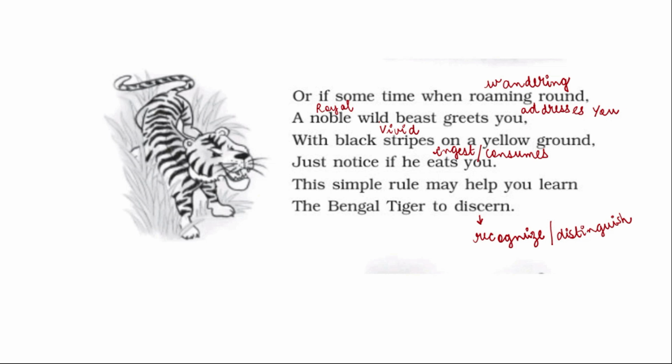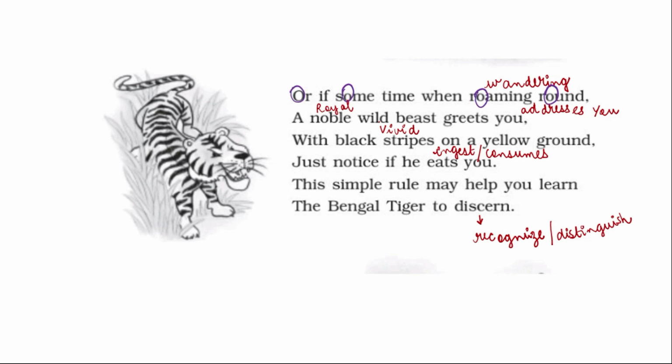So this stanza says that when we are roaming around, if a royal beast addresses us, which has black vivid stripes on a yellow ground, just notice if he ingests you or consumes you, then the simple rule will help us distinguish or recognize that that animal is a Bengal tiger.